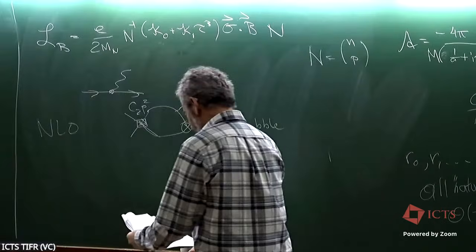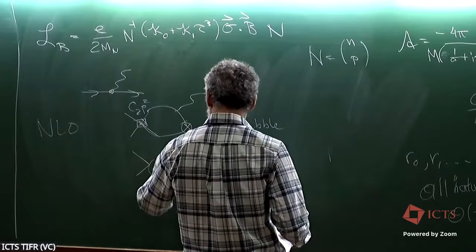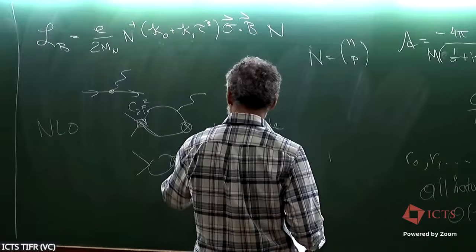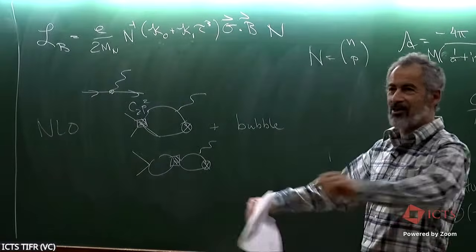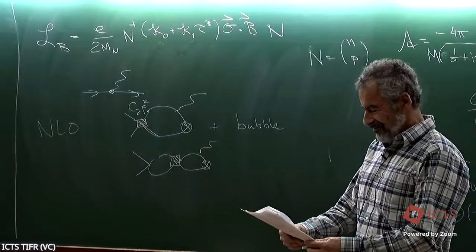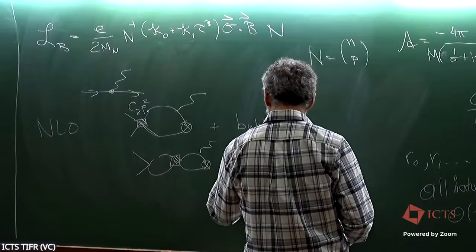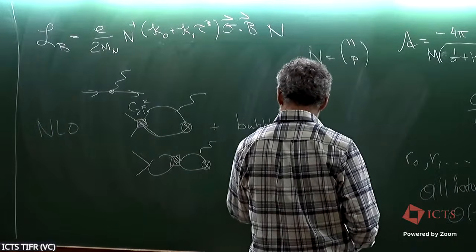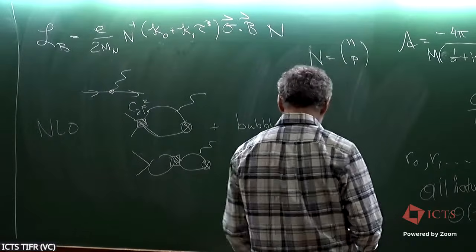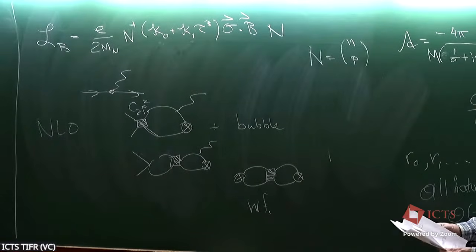Then you can have things like that, and insert C0 bubbles everywhere. Your wave function renormalization now has to include this diagram. Again, the square is the C2 P squared.